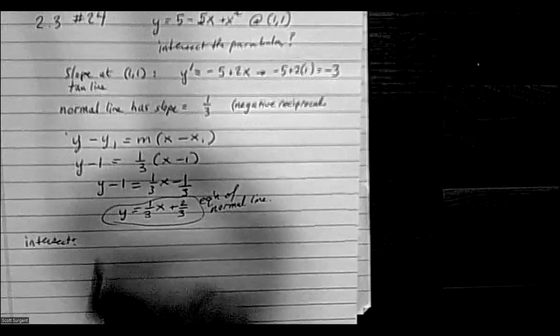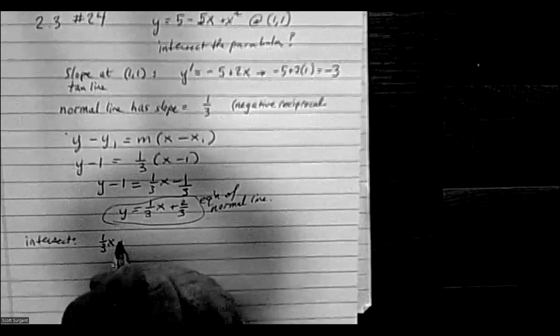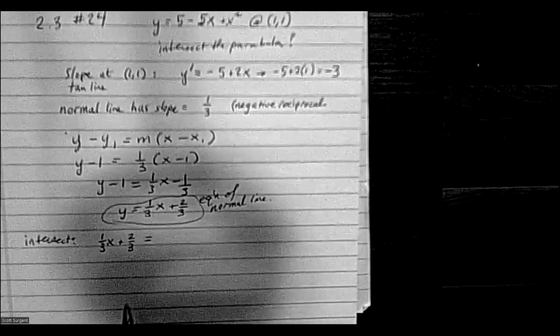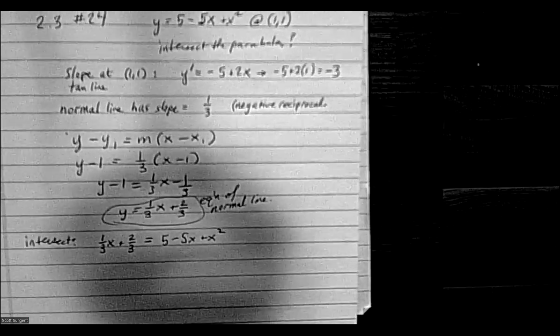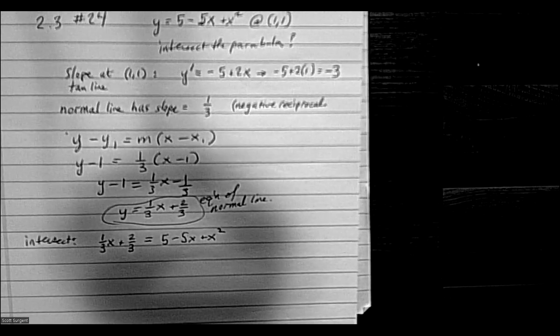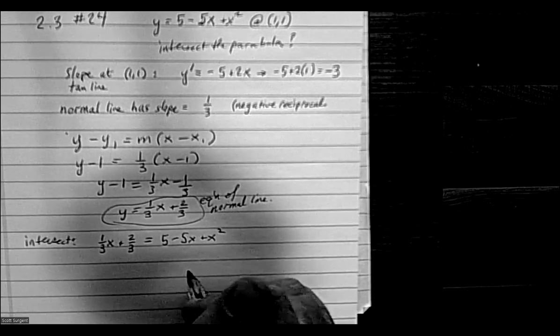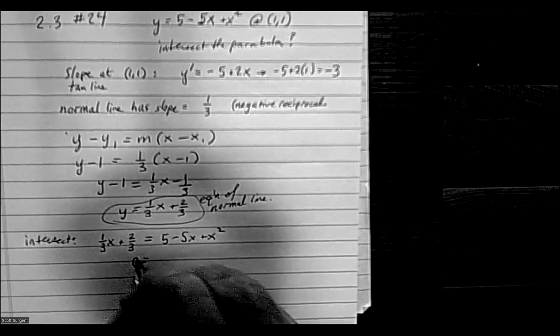So you just set this 1/3 x plus 2/3 equal to the original function up here. And you just work it out. It becomes an algebra question. If I collect terms, I'll do it on the right side.